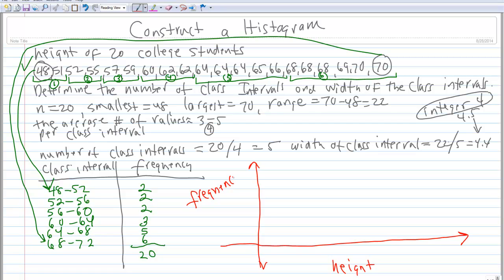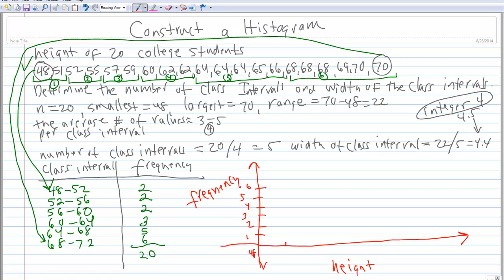If you look at the frequencies for the class intervals, you see that 6 is the largest value, so we're going to go 1, 2, 3, 4, 5, 6. So we're going to mark off the vertical axis so that at the height of this vertical axis we have the largest frequency, and then we just break it into units.